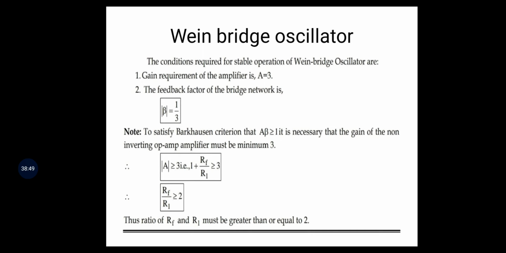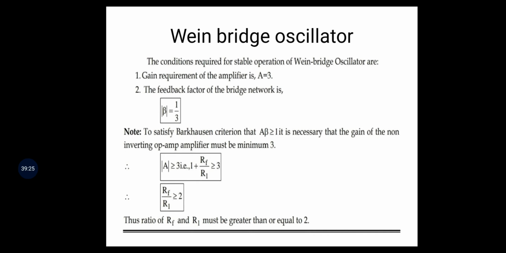That means 1 plus Rf by R1 greater than or equal to 3, so Rf by R1 greater than or equal to 2. So here Rf equal to 2R1. The necessary condition is that the ratio of Rf and R1 must be greater than or equal to 2. So Rf is minimum 2R1.